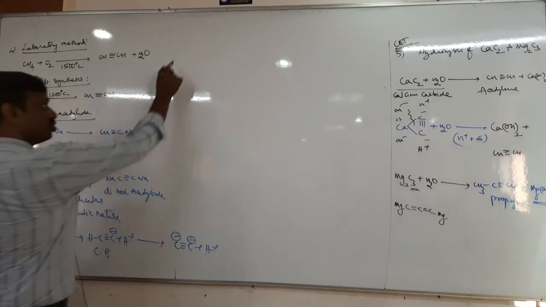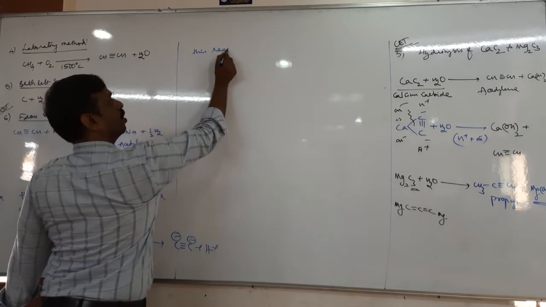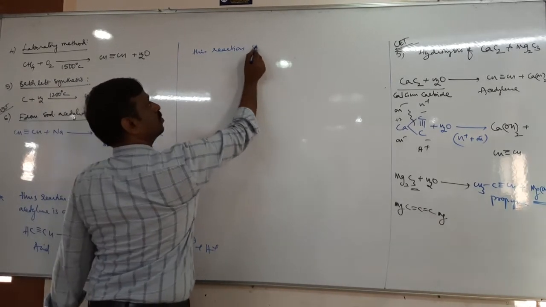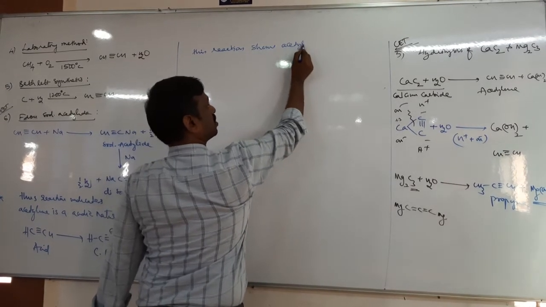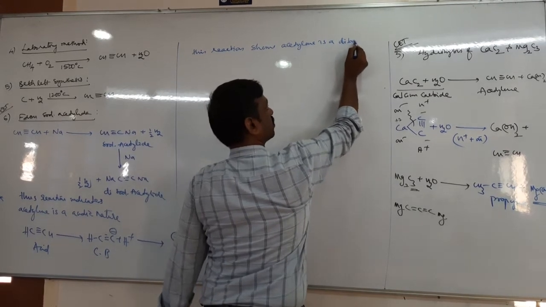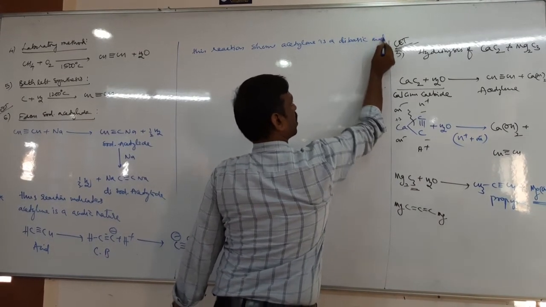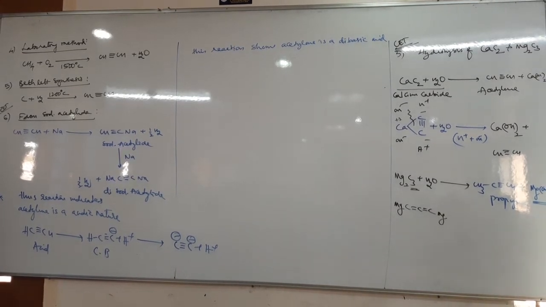This reaction shows acetylene is dibasic. So what is the meaning of dibasic? Which produces two protons. So therefore, acetylene is a dibasic acid, capable of producing two protons, like sulfuric acid, dibasic. Okay.